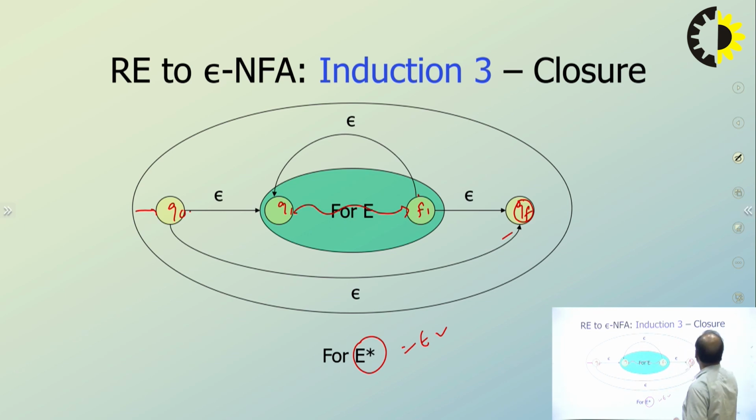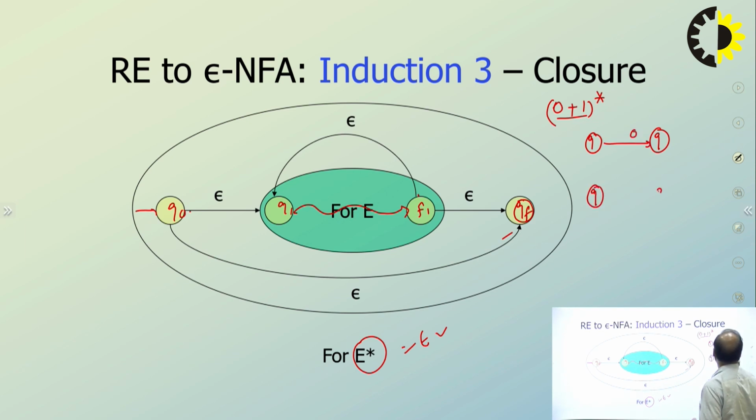For example, consider the machine for 0 plus 1 star. Suppose I am asking you to draw a machine for 0 plus 1 star. It's very easy. First draw the machine for 0 plus 1. You go here, this is 0, and you go here, this is 1.